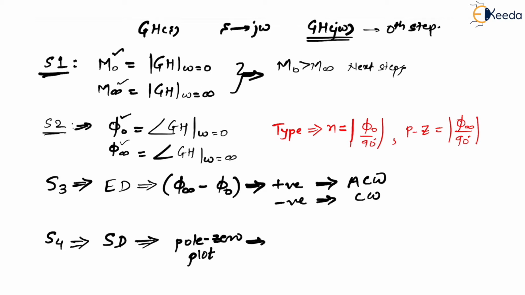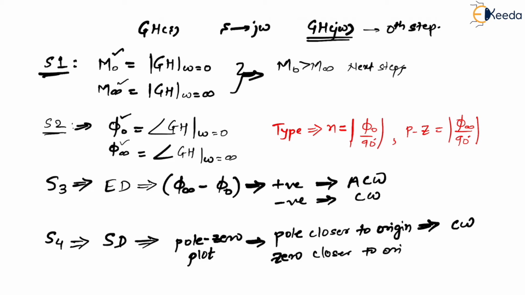If the pole is closer to the origin, then the starting direction is clockwise. Whereas if the zero is closer to the origin, then it is going to be anti-clockwise direction. Is that clear?